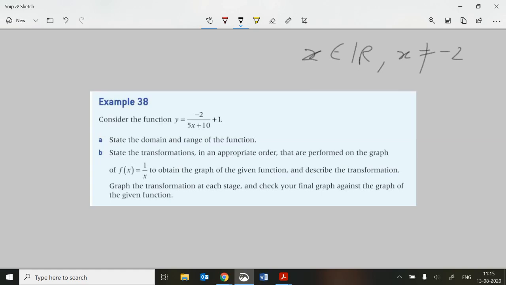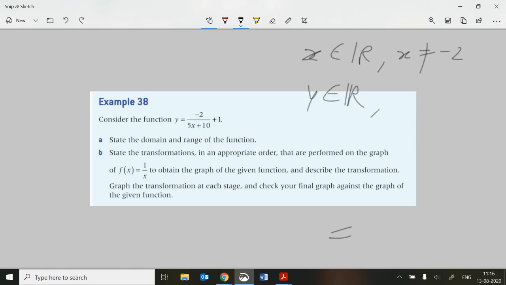And likewise, in terms of our range here, we've got a horizontal asymptote. So again, the range can be any number you choose, apart from the fact that this can't be equal to a 0. It can't be equal to a 0 because it doesn't have a 0 as the numerator. The only way to get a 0 out of a fraction is if the numerator is equal to 0.